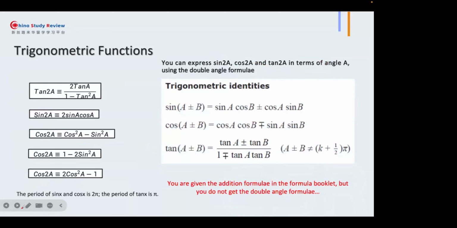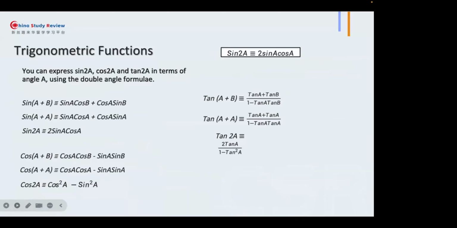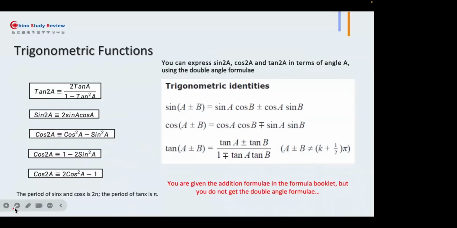Yeah, and then you will encounter 2 slides of formulas. There are some that are more important than others. For example, this one, this one, this one, and this one are more important than the others, okay? These are also important, but are not so common.